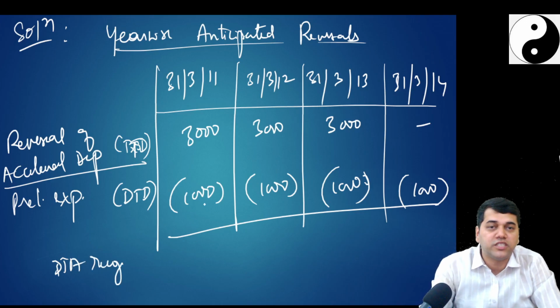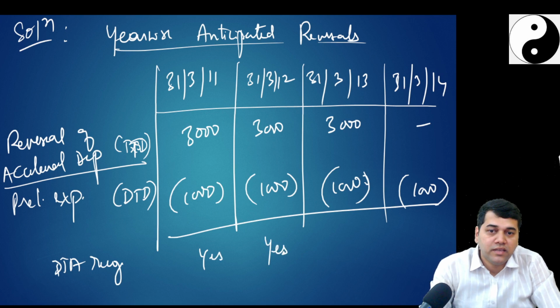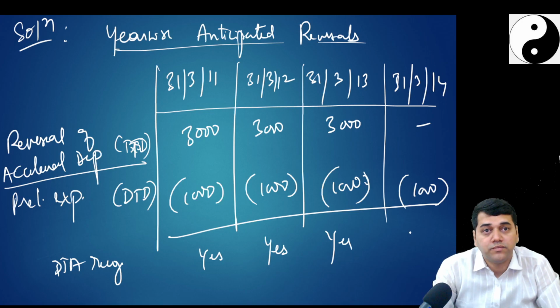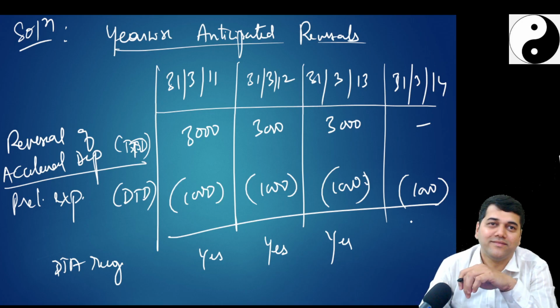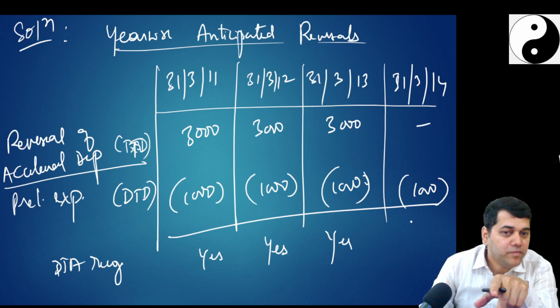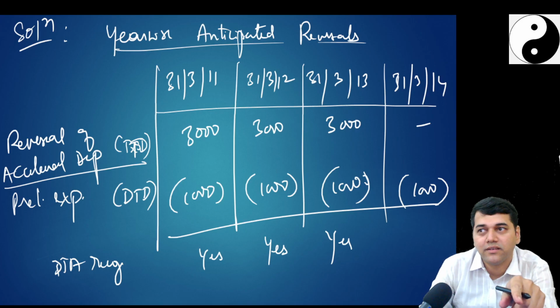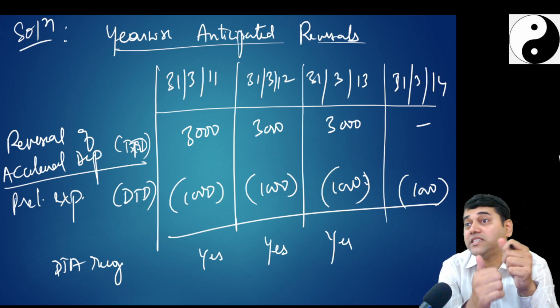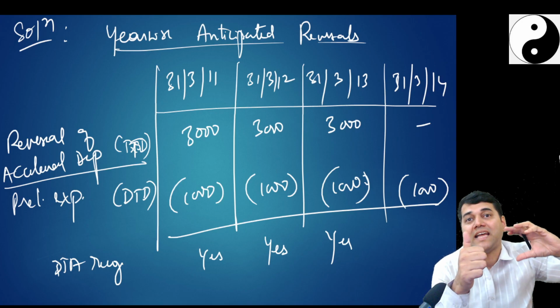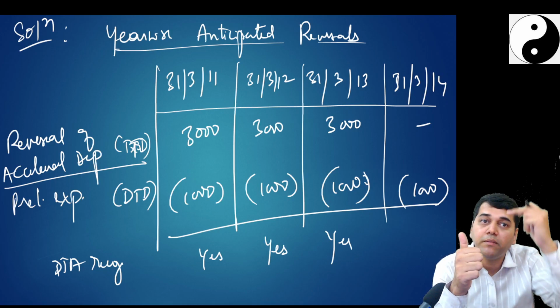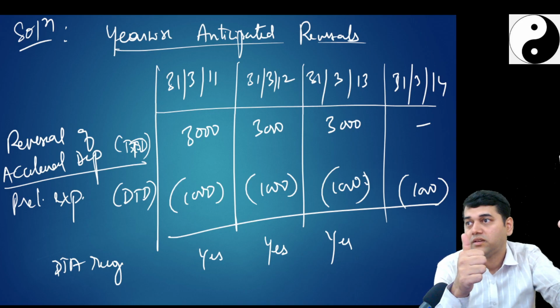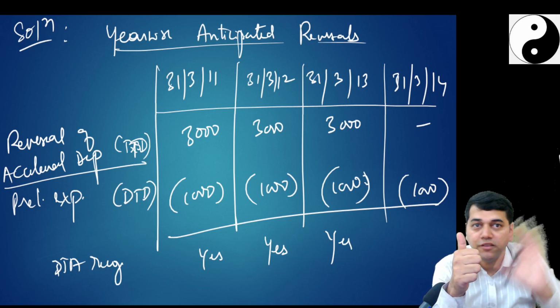So now the question comes, DTA recognition. Am I going to recognize DTA for the first year for this difference? Yes. Second? Yes. Third? Yes. Fourth? Wait. By telling this, which condition are we applying here? Which condition are we testing? We are testing the first condition, whether taxable temporary differences are available in the future for the reversal.